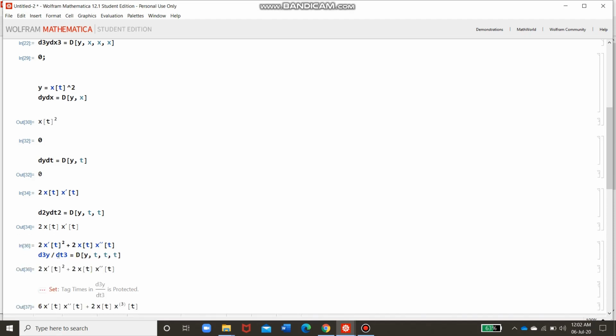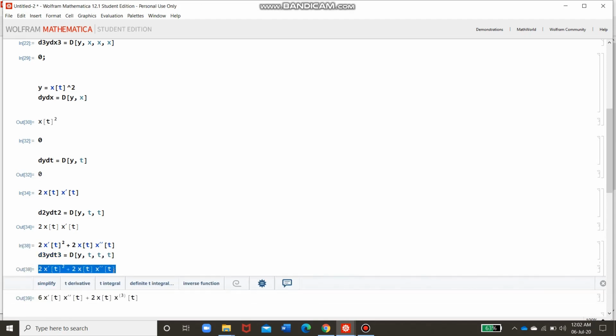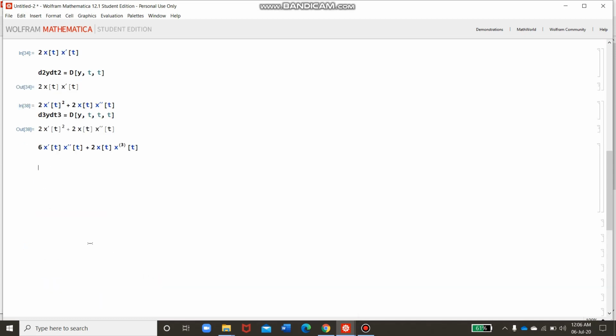Oops, I used division sign in between. So you see, this is d squared y by dt squared, and this is d3y by dt cubed.